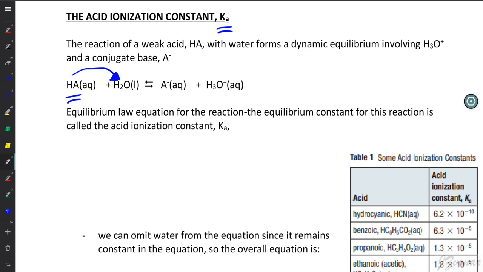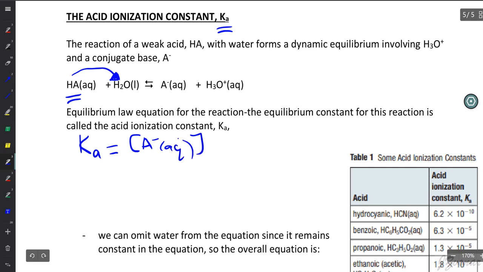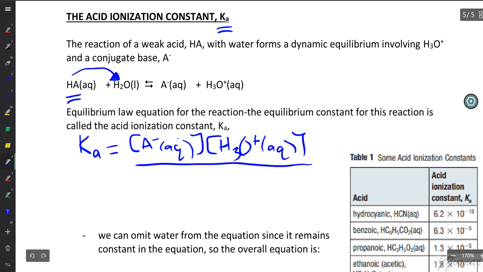Now our equilibrium law equation can be written in the following way. We can go just like we did with every other equilibrium law expression. We are going to place the products over the reactants.